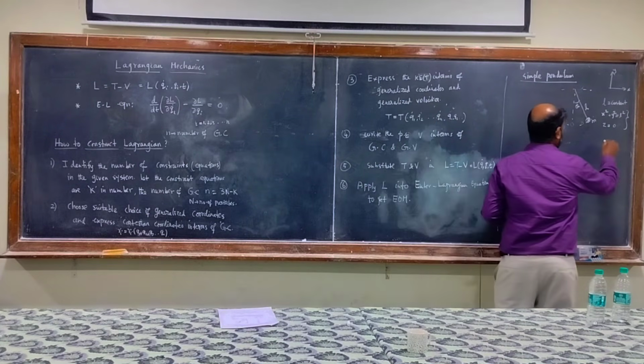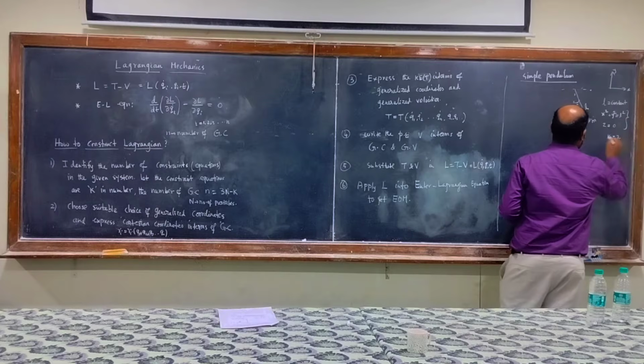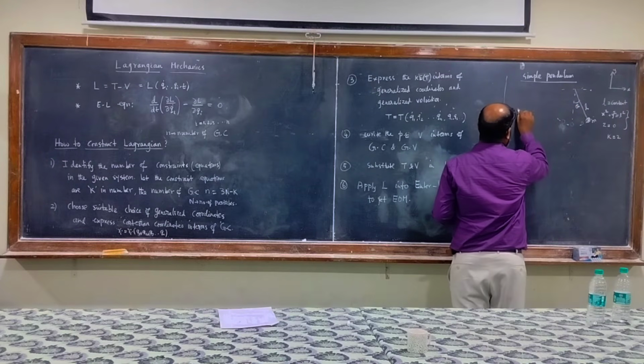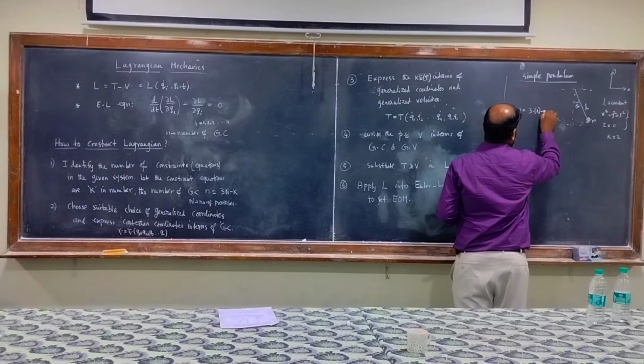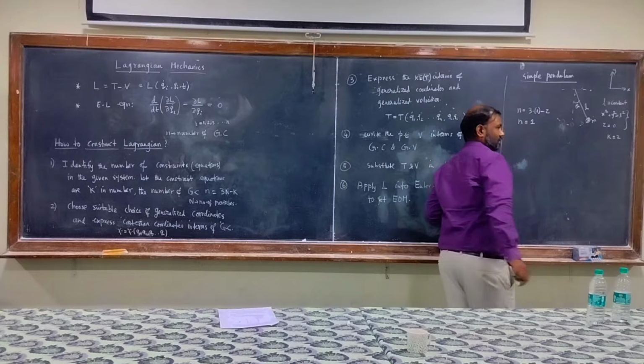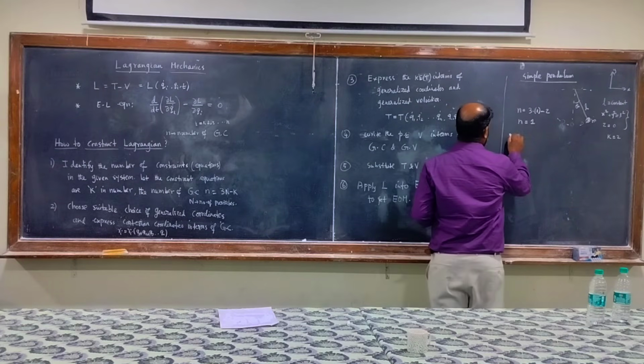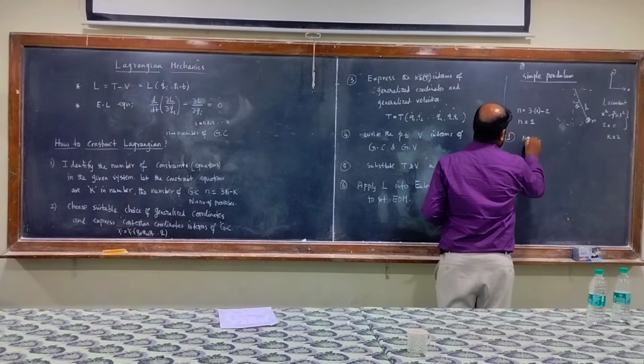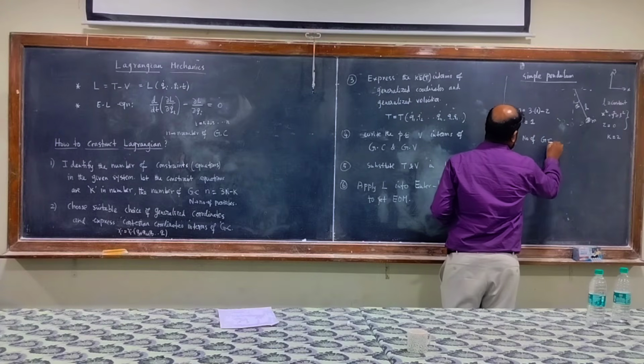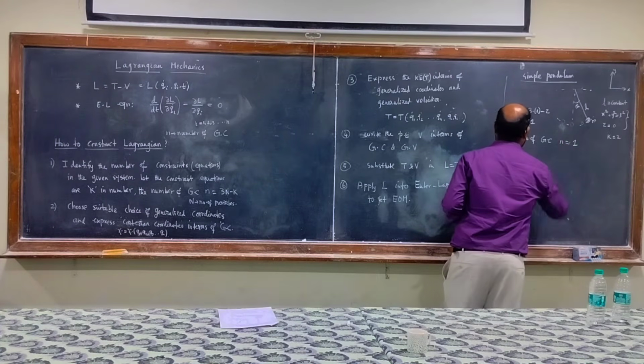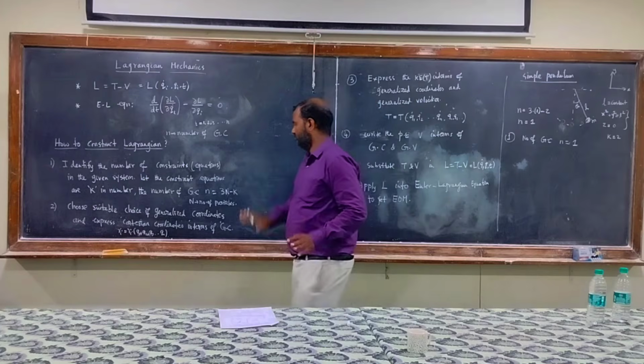Then what is the number of generalized coordinates? 3 minus 2. So the number of generalized coordinates n is equal to 1. The first step is over. Is this clear?